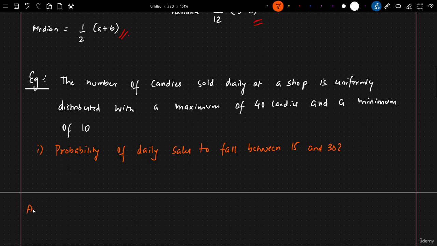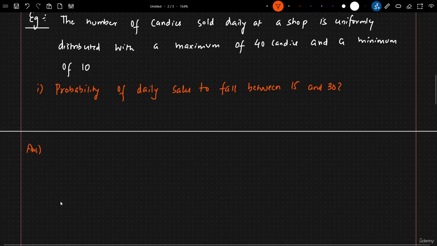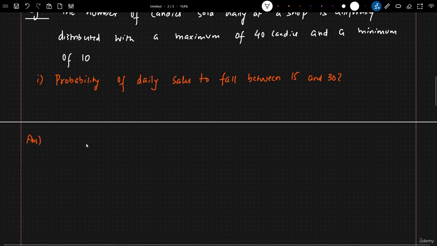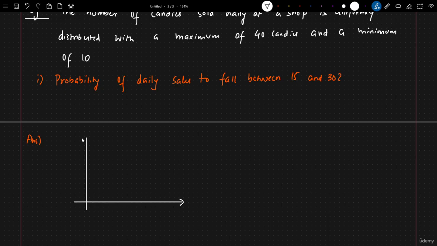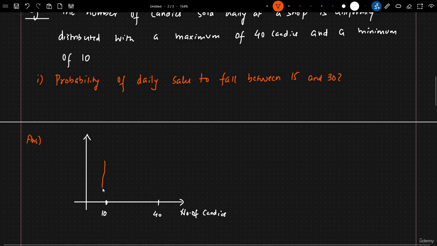In order to solve this, first of all, we will construct this particular graph, the distribution, by using the PDF. This will be my number of candies sold, which will be my X value. Here your minimum value is 10 and your maximum value is 40, and your number of candies is between these values.